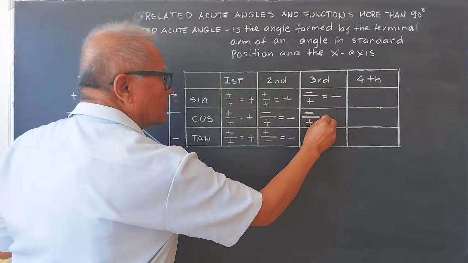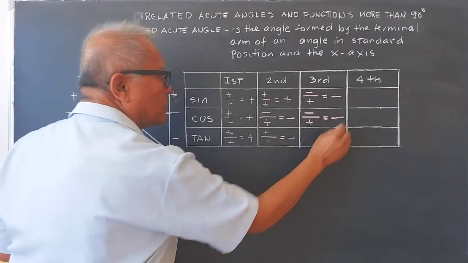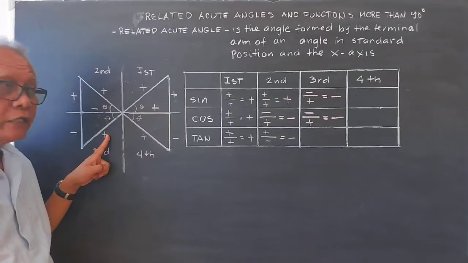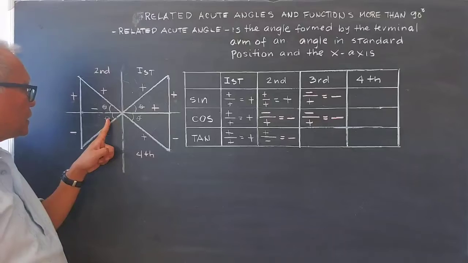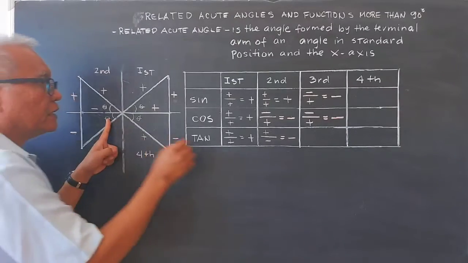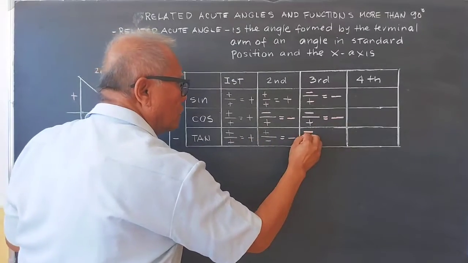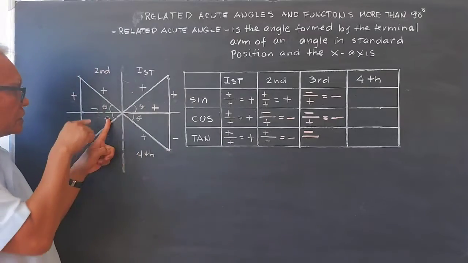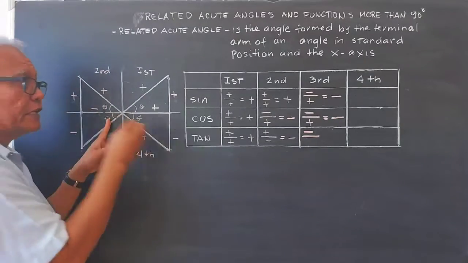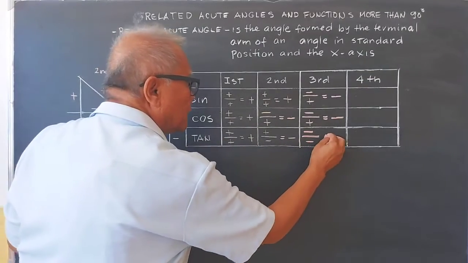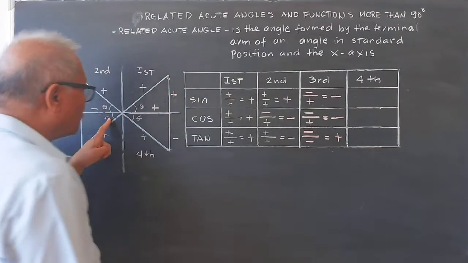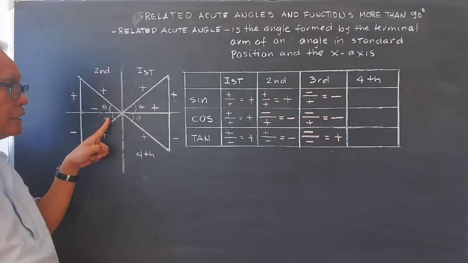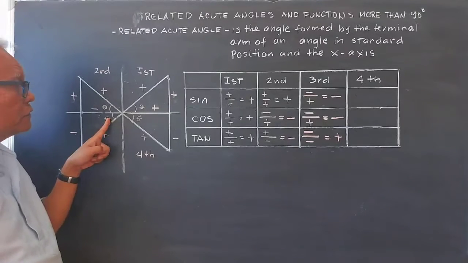So our cosine in the third quadrant is negative. Tangent theta is opposite, which is negative, over the adjacent, which is also negative. So negative over negative in division is positive. So our tangent in the third quadrant is positive.